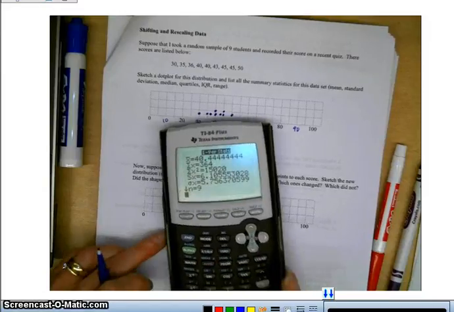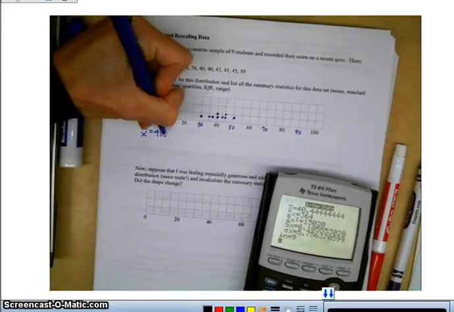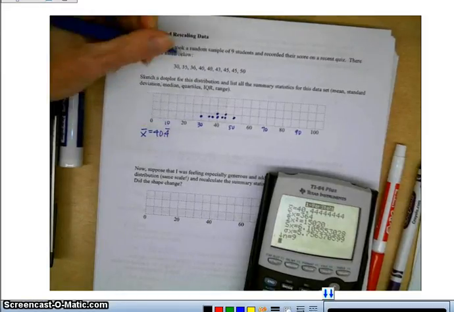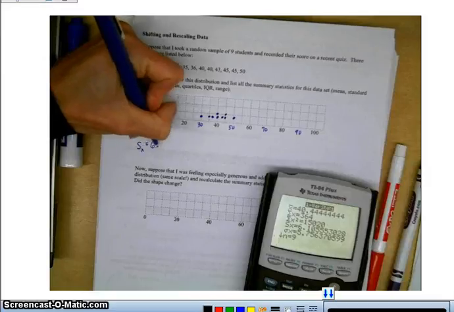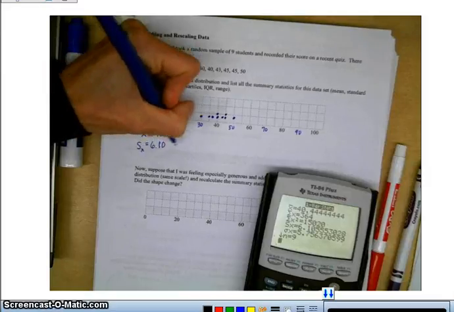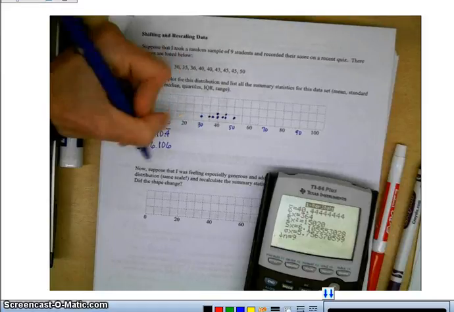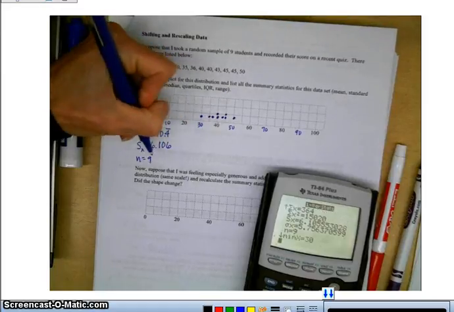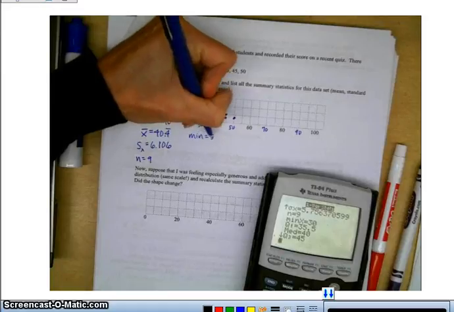And so I can easily list my X bar is 40.4 repeating. My standard deviation is 6.106. My N is 9. It means I have 9 observations. My min is 30.